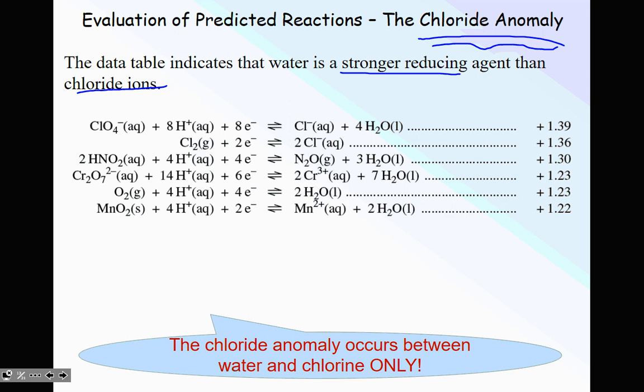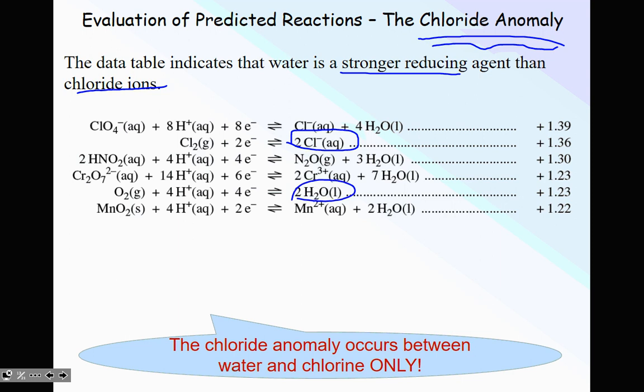Okay, if we take a look, here's our chloride ions, and here we have our water. Water is a stronger reducing agent than our chloride ions. And here's our water.